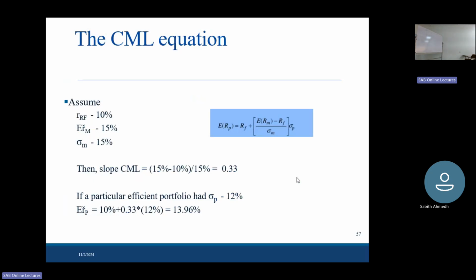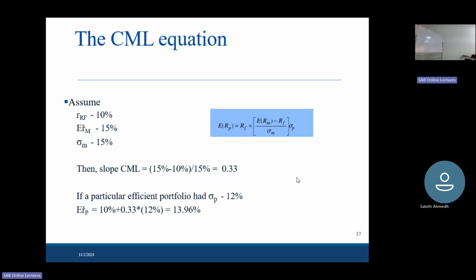Now look at these numbers. Risk-free rate is 10%. Market expected return 15%. Standard deviation of the market portfolio 15%. If you need, you can note down this. RF is the risk-free rate of return, 10%. ERM is the expected return of the market portfolio.